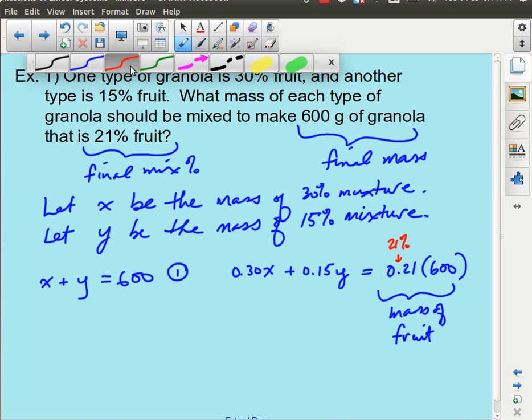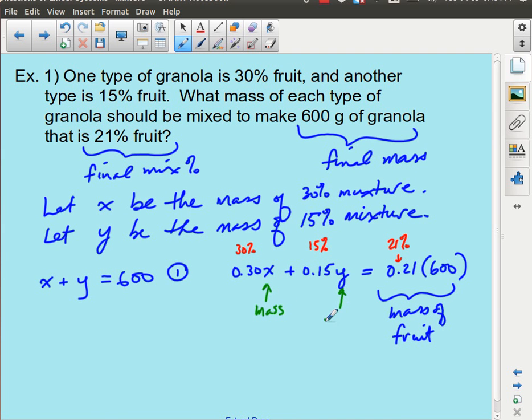And again, just to remind you, the 0.30 is here because that's from the 30%, and this one is from the 15%. The x and the y and the 600 are each a mass.